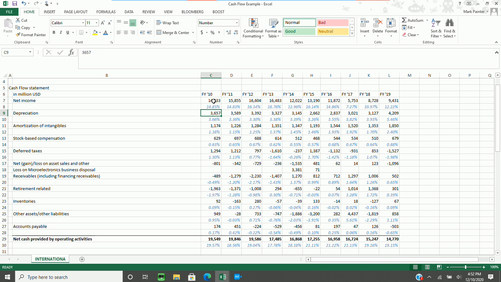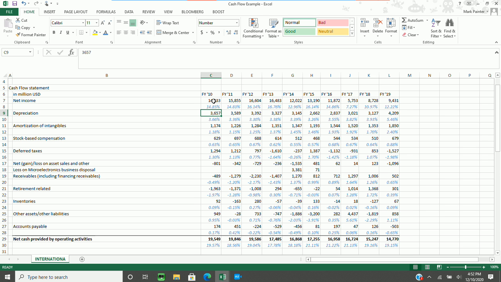So for instance, right here, when you talk about depreciation, depreciation is when you invest and you build property or plant or equipment, or if you own a home, or if it's in real estate, then you have to take these charges because these things wear down over time. So rather than take the charge all at once, you spread that out over a number of years, and you know that eventually you're going to have to replace that.